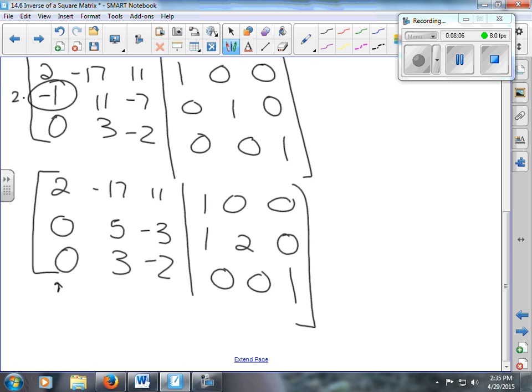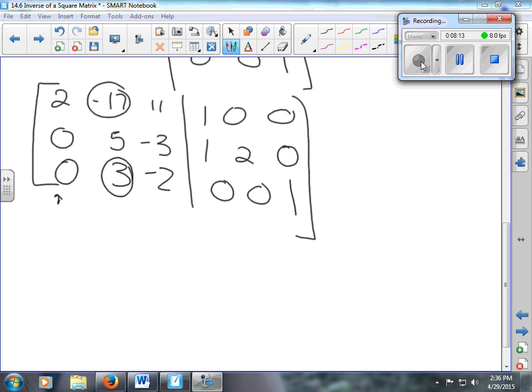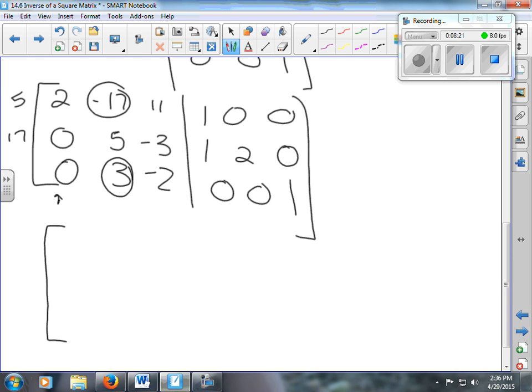Now let's get my zeros here in column 2 and there in column 2. Oh, I have a 17 and a 15. In order to make this negative 17 into a 0, I'm going to do 17 times row 2 plus 5 times row 1, and that's my new row 1. So I'm not changing my row 2. I'm going to rewrite this.